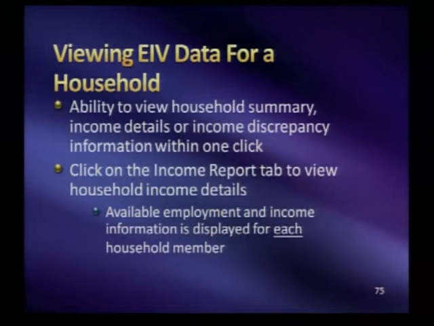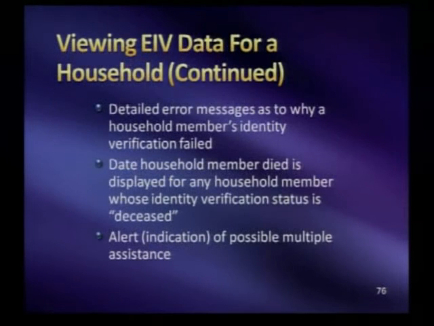And then viewing EIV data for a household is very simplistic. Keep in mind, the primary use of EIV is to look at the EIV income report when you're doing an annual and interim reexamination. And so one of the things you'll find is that this report is a very detailed report that outlines, A, all of the family members, B, it's going to have all of the detailed error messages with respect to multiple subsidy, whether someone's deceased, whether or not the identity validation has failed.